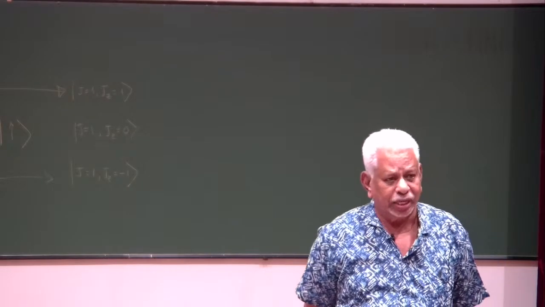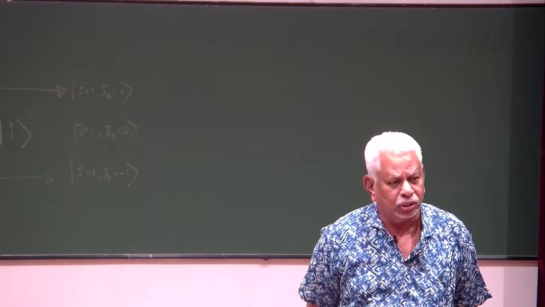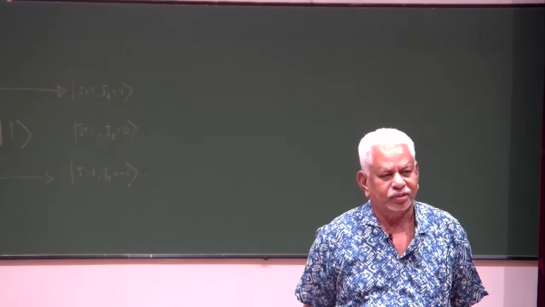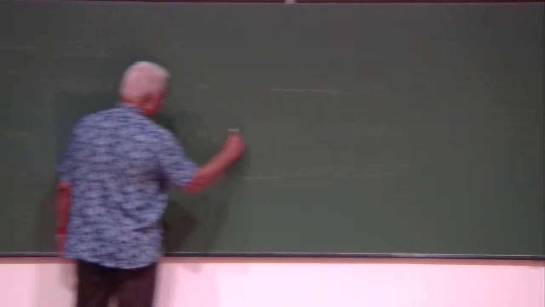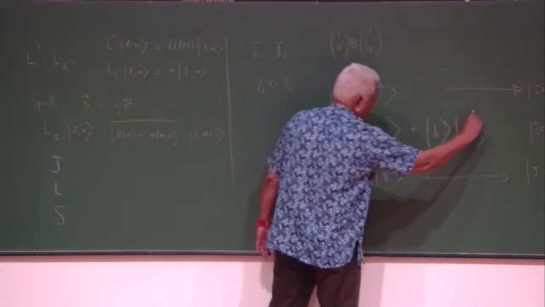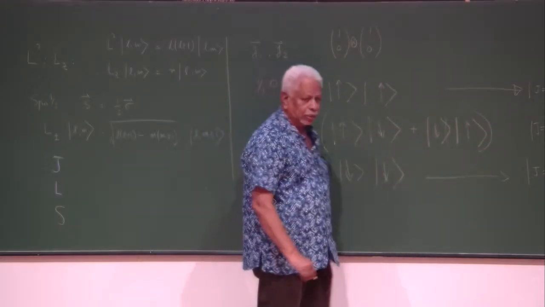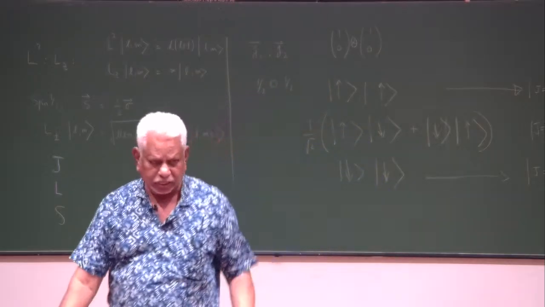Sum of the two, yes. I can sum with one with some 1 by root 3, another with 2 by root 3, or 2 by 3 or something like that. Which one do you prefer? 1 by root 2, yes. Okay. So the combination which is corresponding to that is plus here, 1 by root 2. Okay? So that is the combination which gives that. He is right.